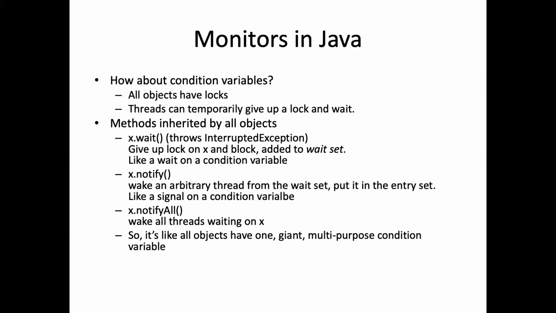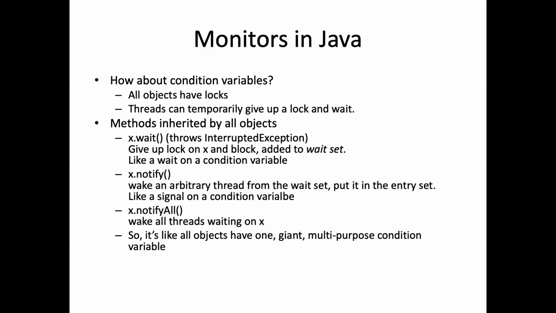The reason Java does it this way, and I kind of hinted at that before, is whereas with monitors, we've generally been assuming you can have as many condition variables as you want. So if there's a new thing a thread might be waiting for, like items in a bounded buffer or empty space in a bounded buffer, you can have a condition variable to wait on that thing specifically. But in Java, this wait notify behavior is kind of like one giant condition variable.